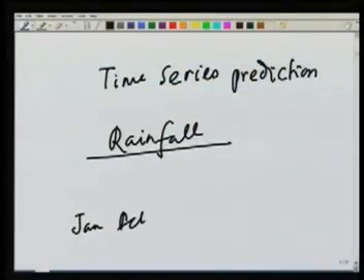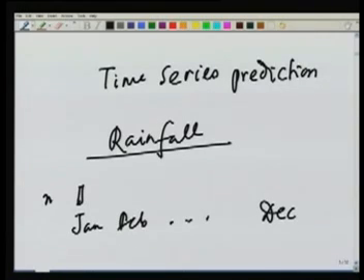Let us say rainfall month-wise in a year, January, February, and so on up to December. The pattern of rainfall in a year is a sequence, in mm.